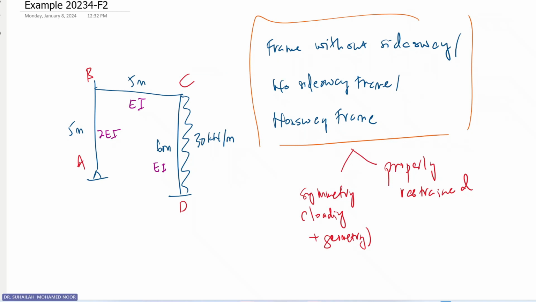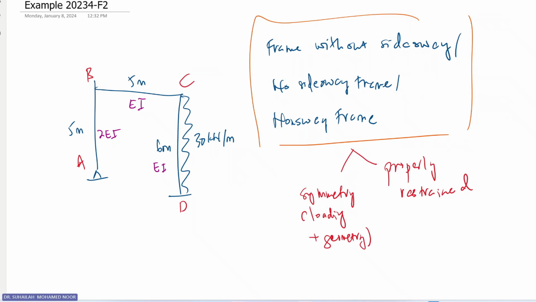No movement. Normally we will determine the movement at B and at C. Side sway means there will be delta at B and C. Symmetry frame has no side sway.